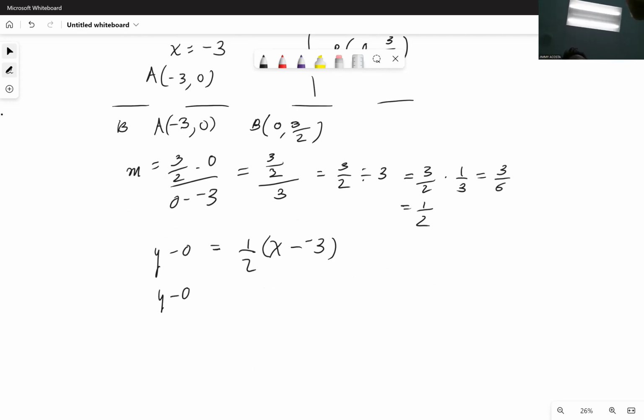So y minus 0 equals half times x plus 3. So y, I'm not going to write minus 0 anymore, equals half x plus 3/2. And you're done. That is the equation.